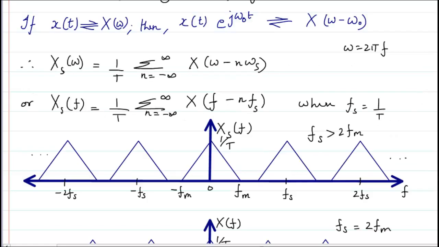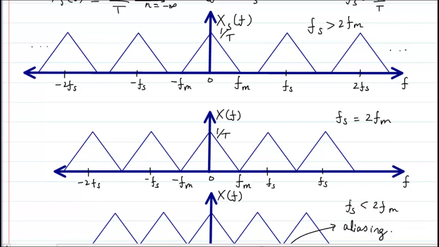Another thing I should say is that this particular gap is called the guard band. That means there is a band acting as a guard between two frequency spectrums so that they are not overlapping.